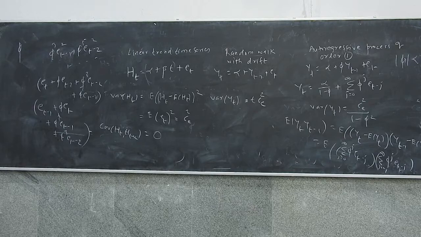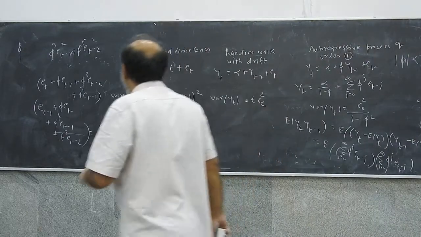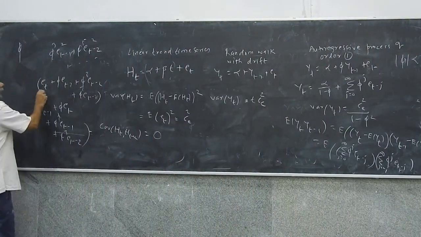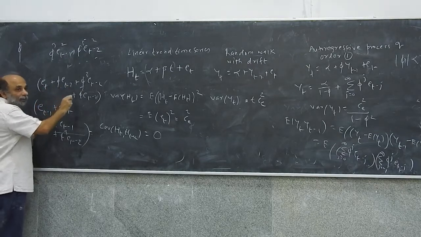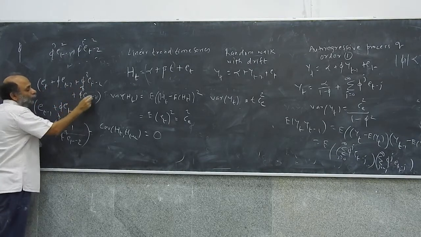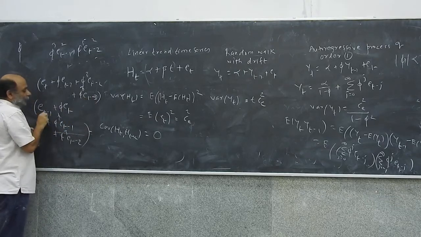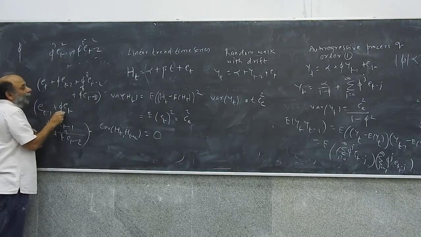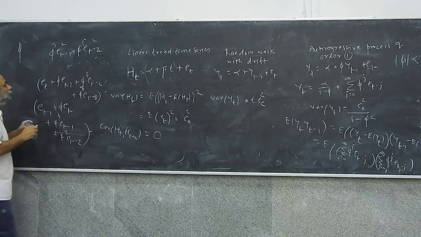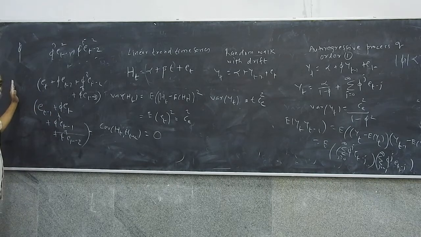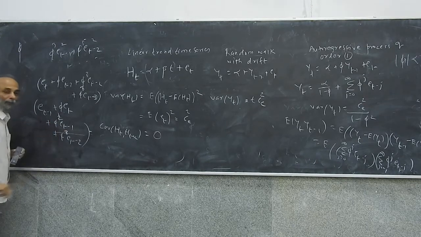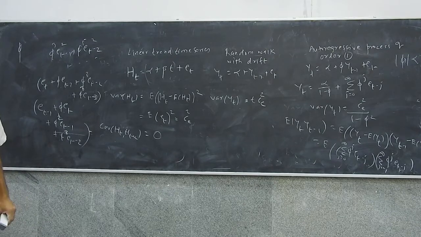See, e_t plus phi e_{t-1} plus phi square e_{t-2} plus phi cube e_{t-3}, and this term is e_{t-1} plus phi e_t, because everything has gone by one period, no matter. This is phi square e_{t-1} plus phi cube e_{t-2}. Is this clear?